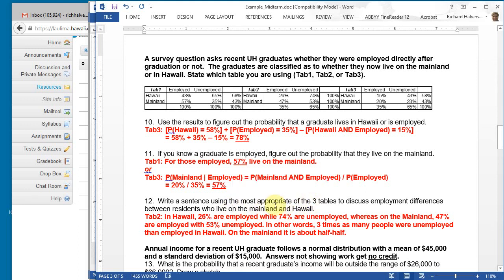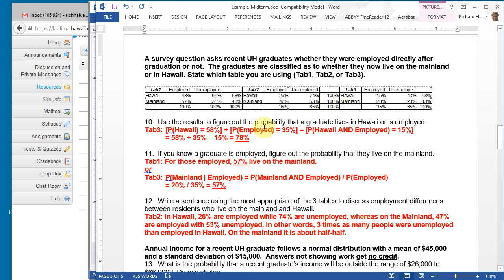Okay, so I like table 2 for that, because table 2 gives us, of the 100% of the people that are living in Hawaii, we see that 26% are employed and 74% are unemployed. So we've got about 3 times as many people unemployed as employed for folks that are now living in Hawaii.